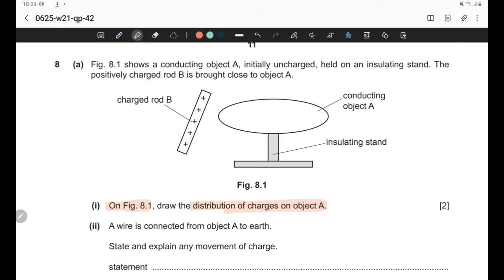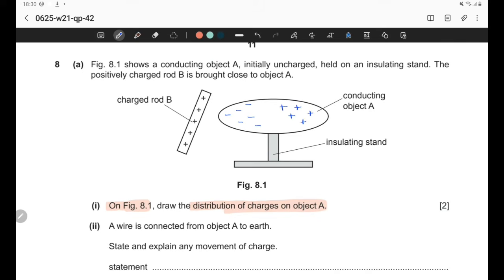Part 1, on figure 8.1, draw the distribution of charges on object A. So here, as we bring the positively charged rod close to this, all the negative charge will come close to the positively charged rod, since opposite charges attract. So we can represent with 6 negative charges. Therefore, there should be the same number of positive charges at the other side.